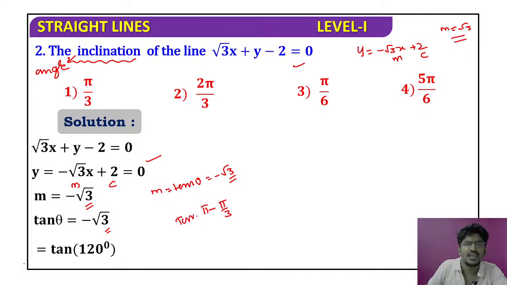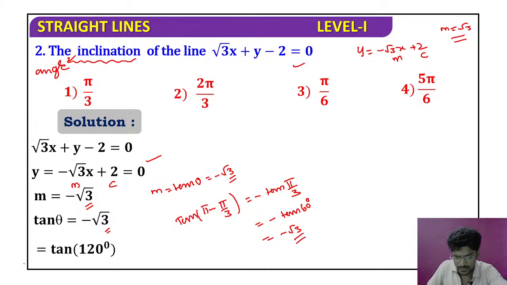That will be tan of pi minus pi by 3, that is minus tan pi by 3, that is nothing but minus tan 60 degree. So that is nothing but minus root 3. Here you can identify that tan of 120 degree is minus root 3. So therefore angle is 120 degree. That is nothing but pi minus pi by 3. So what is pi minus pi by 3? This is 2 pi by 3.